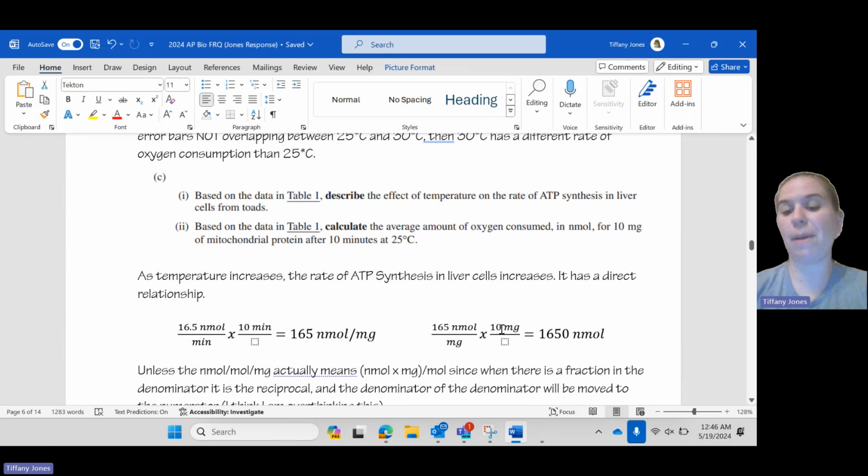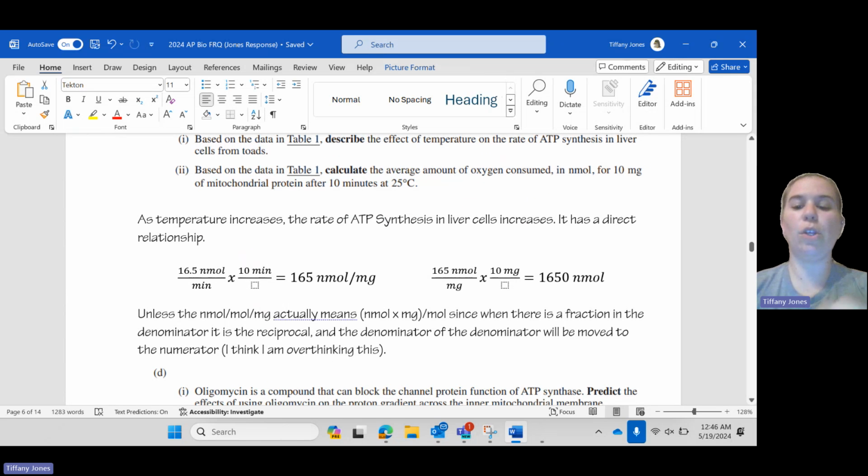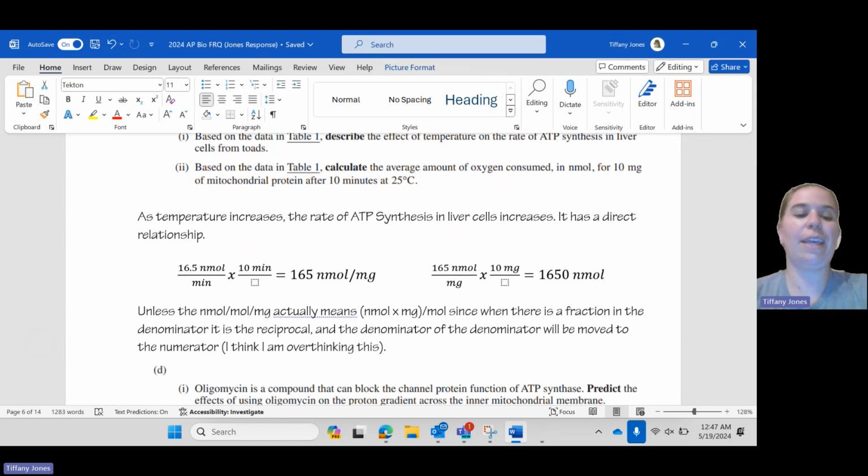And I did the same thing, multiplied by 10 again, which gives me 1650 nanomoles to be the number. Okay, I could see where you would potentially flip it, and if you did that, I believe the 10s are going to cancel each other out, which will just leave you with 16.5 nanomoles. Honestly, I could just be overthinking it because I'm kind of tired from everything. So the answer is either going to be 1650 or it's going to be 16.5. I think the answer is probably 1650 and that I'm overthinking this.